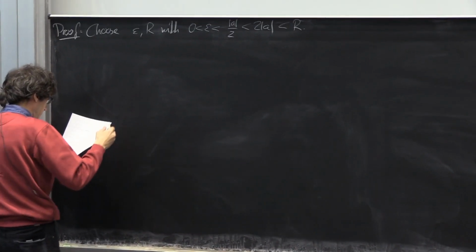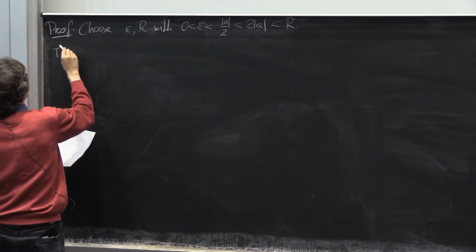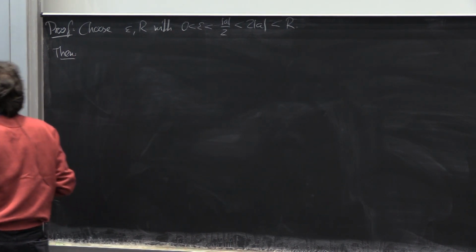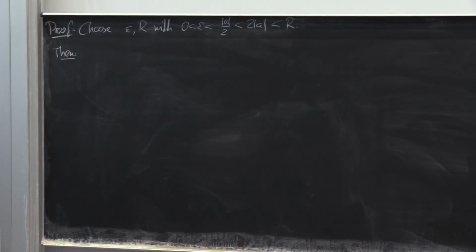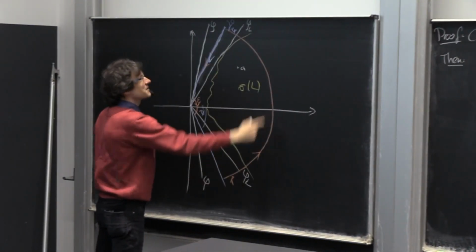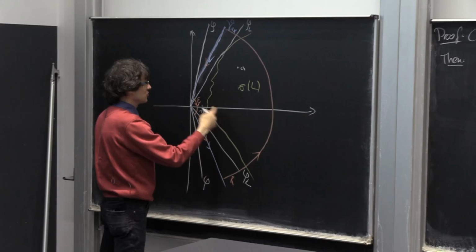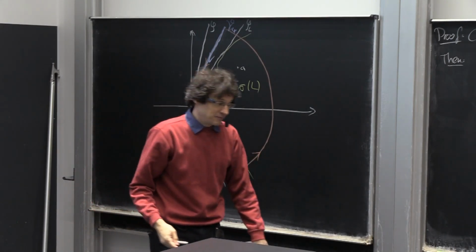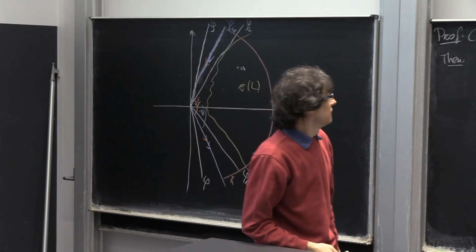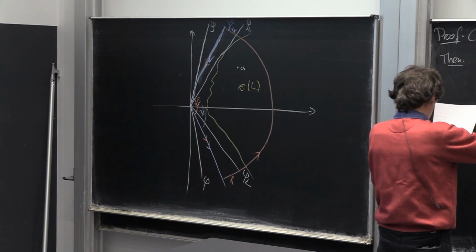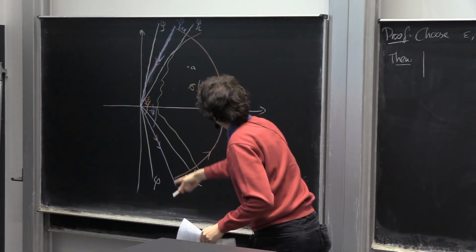Then, what do we have to do in order to find that in the limit r going to infinity and epsilon going to 0, this path gives us the same as the blue one? We have to show that the contributions of these two circular arcs go to 0. So what we look at first is the big radius r.